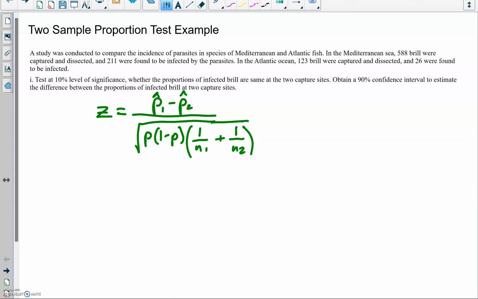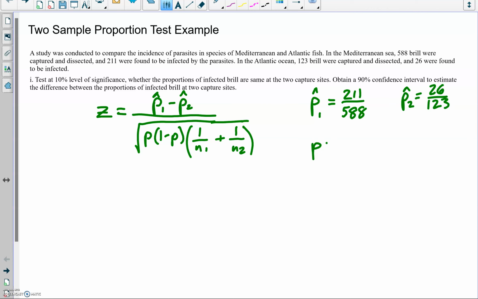Well, p1 is the proportion at the first population, and I'm going to call the first one the Mediterranean, though you could do this in another order. And we would have 211 over 588. So proportion of infected. For p2, it's just going to be 26 over 123.